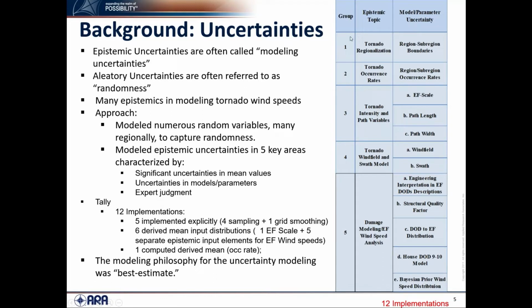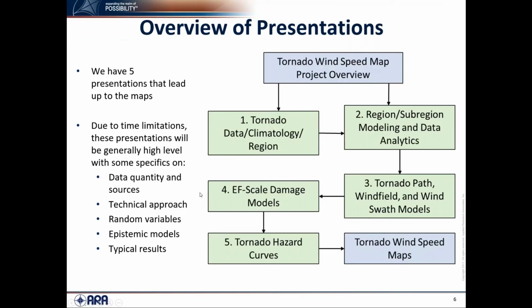As we're going to see, this table on the right shows some of the areas where we explicitly considered these uncertainties. I'll go through a couple of the treatments as examples, particularly when we talk about tornado regionalization and how we handled the uncertainty in those region boundaries. I'll talk a little about that in the first part, and then come back to it at the very end of the presentation. That will give you one example of how we're handling these uncertainties.